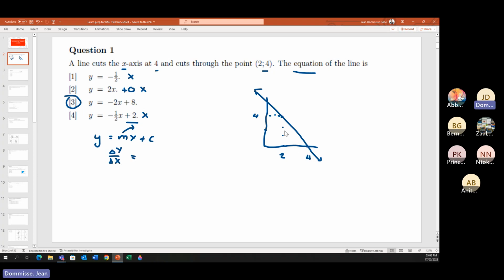Let's use the point (2, 4) and the point (4, 0). The change in y is 4 minus 0, and the change in x is 2 minus 4.